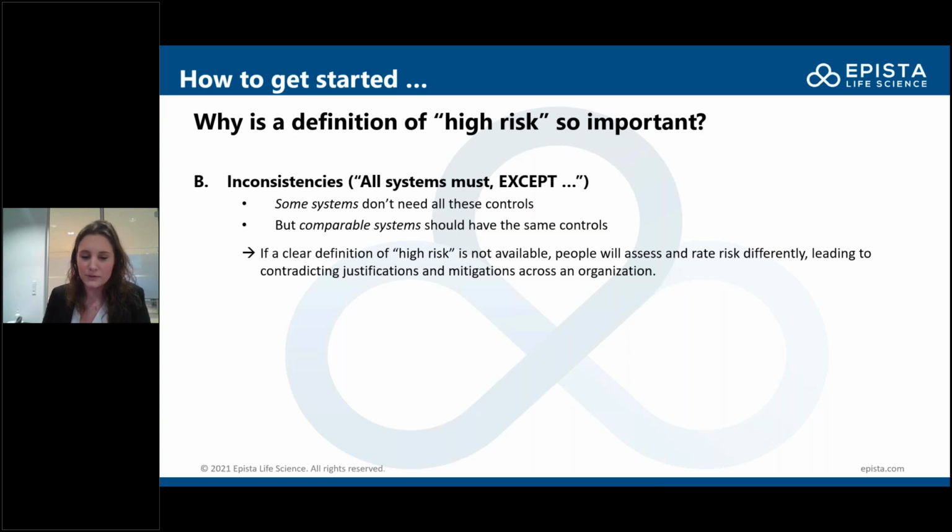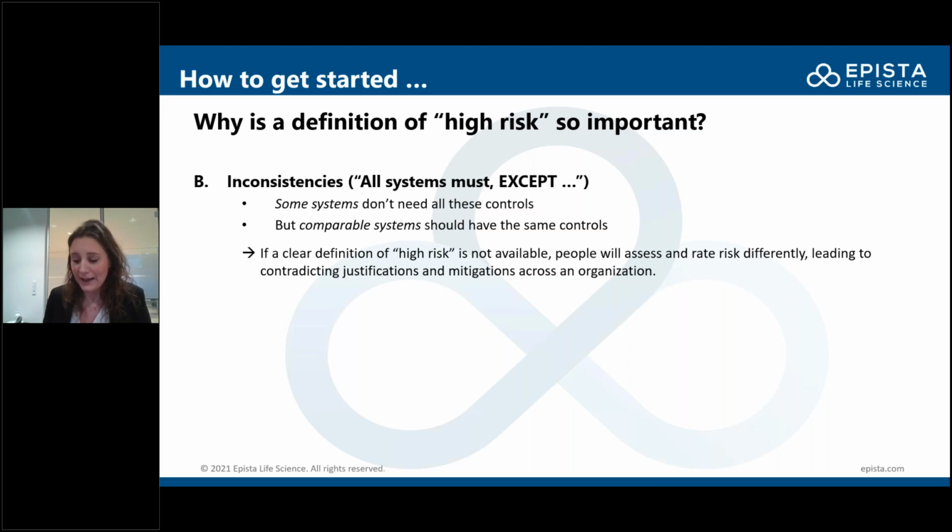So what a lot of companies are doing is setting up rules like all systems must do this and that, except, and very popular, except there's another justification in place that says they don't. That is, on the one hand, a valid approach because some of your systems don't need all the controls that you're defining. But on the other hand, you also want to make sure that comparable systems have the same controls.